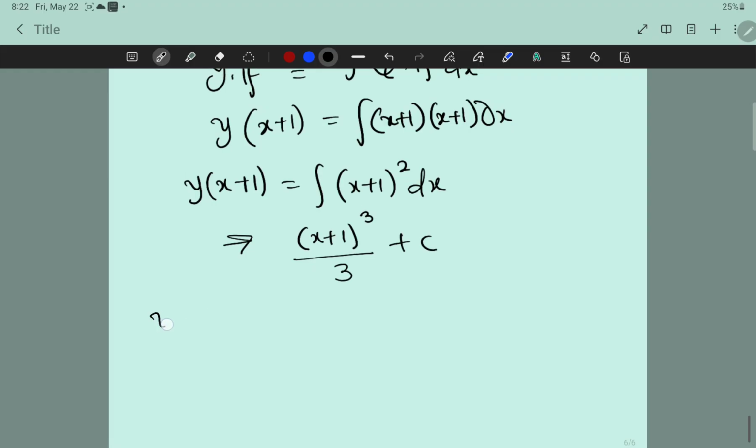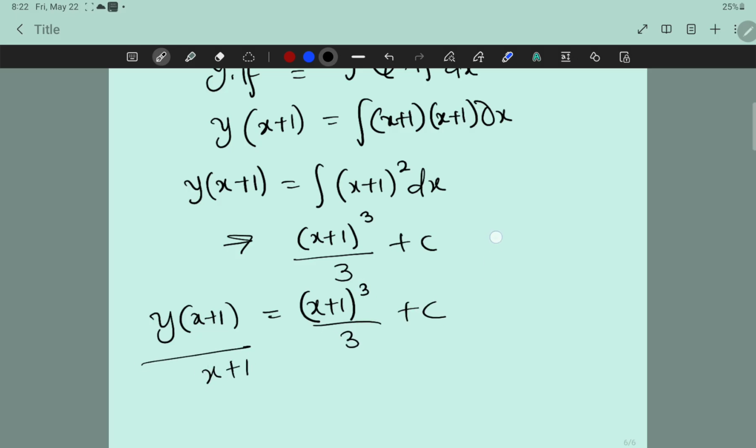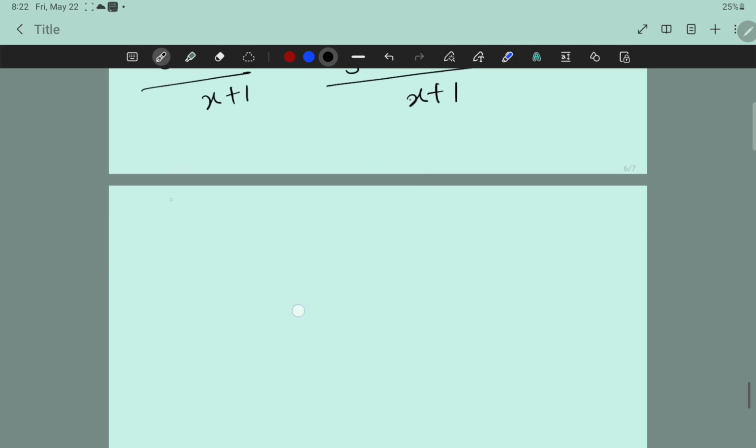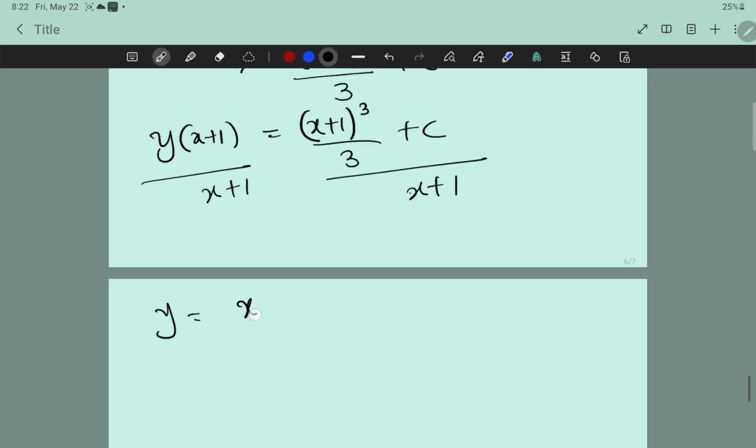So we can now say that y times x plus 1 is equal to x plus 1 all to the power of 3 over 3 plus c. So let's divide both sides by x plus 1. Divide through by x plus 1. It means that your y is equal to x plus 1 all squared divided by 3 plus c over x plus 1.